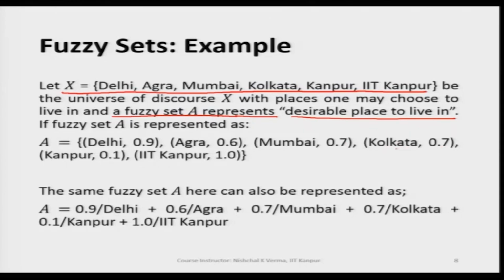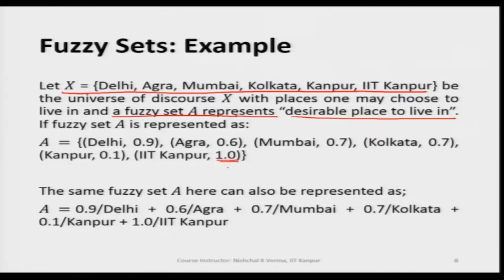So, it means I like Kolkata same as Mumbai, and if I take Kanpur, so Kanpur's membership value is 0.1. So, I like Kanpur less than all the cities as discussed, like Delhi, Agra, Mumbai, Kolkata, and then if I talk of IIT Kanpur, I like 100%. So, that is why IIT Kanpur has the membership value 1. So, 1 means 100% here.